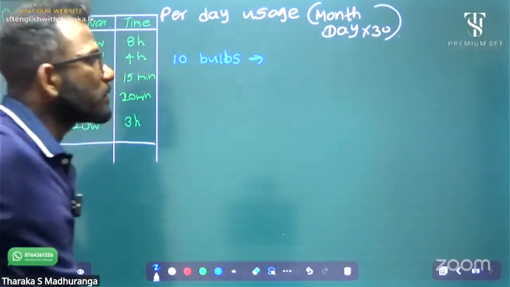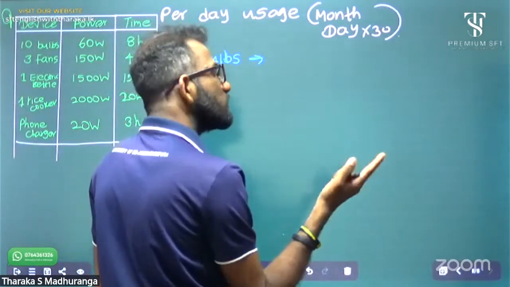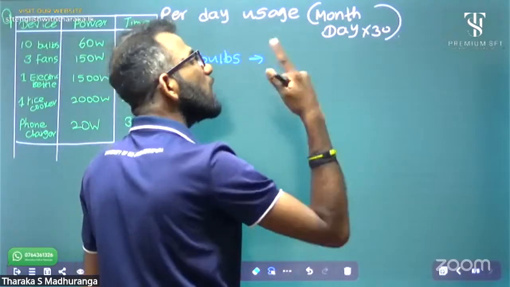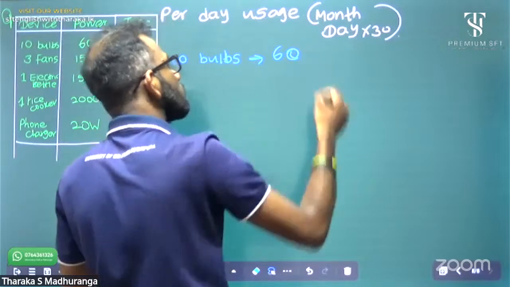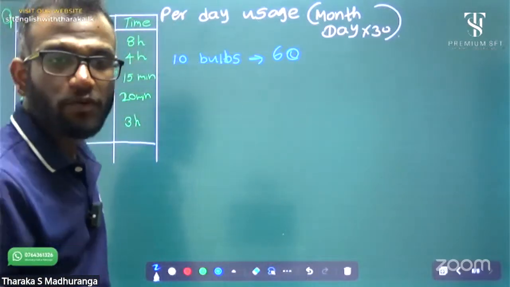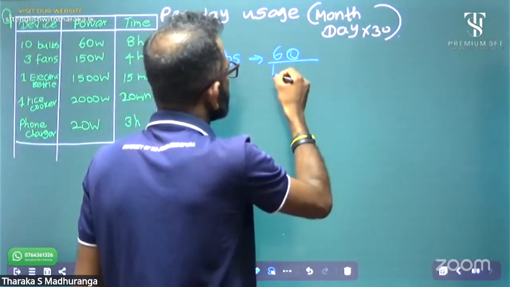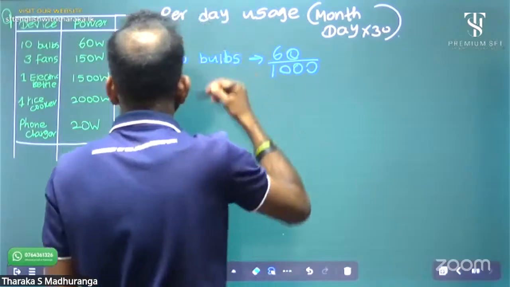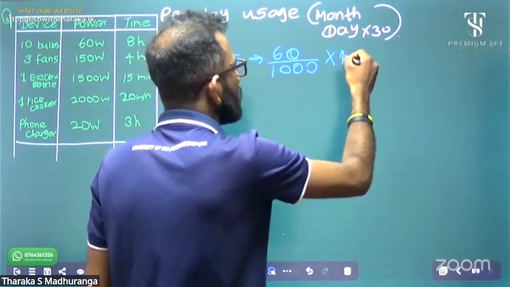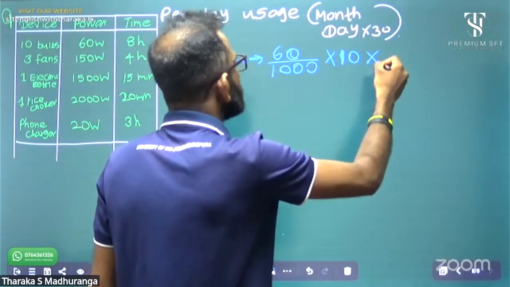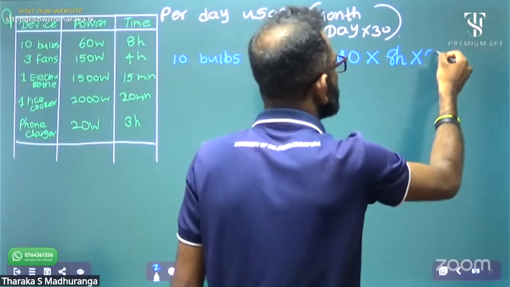Its power is 60 watt. What is our equation? E equals P t. P is given in watts, so first you have to convert that into kilowatts: 60 over 1000. That's for one bulb, multiplied by 10 bulbs, multiplied by time, 8 hours. That's per day.